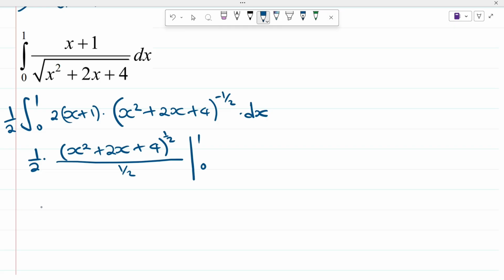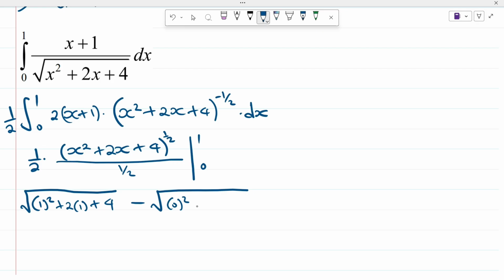Then when I substitute my limits, I'm going to get the following: 1 squared plus 2 into 1 plus 4, minus, I substitute the 0: 0 squared plus 2 into 0 plus 4.